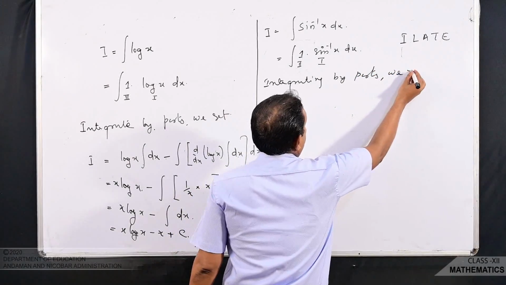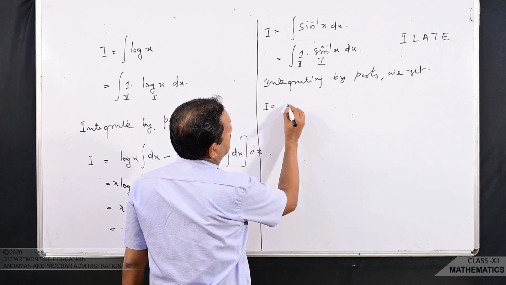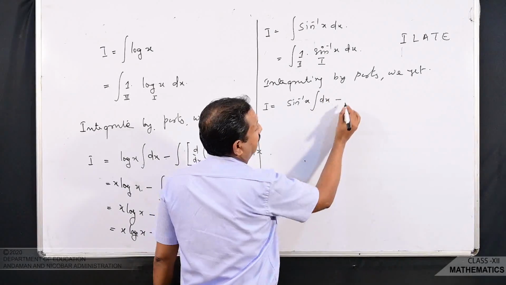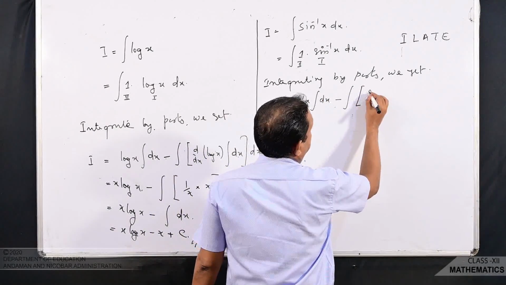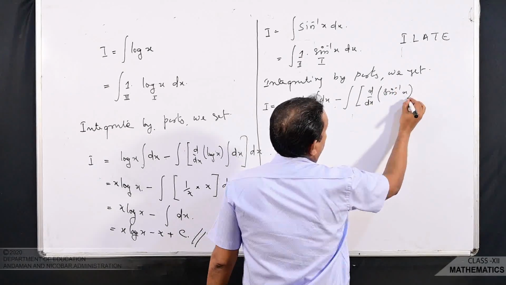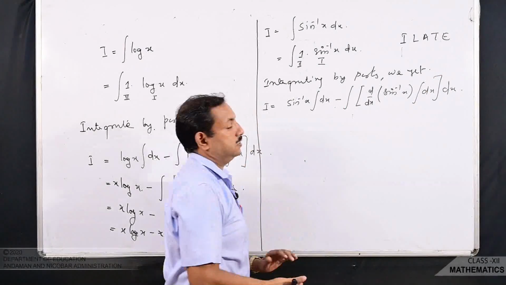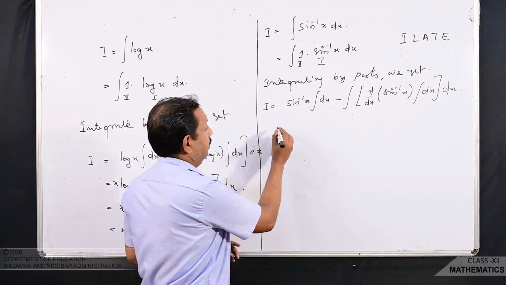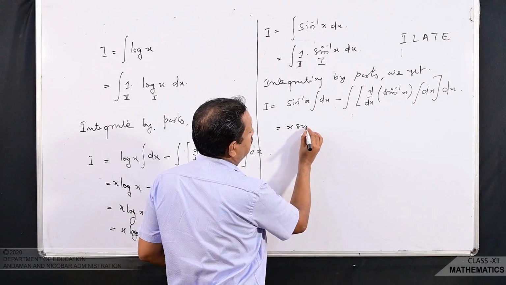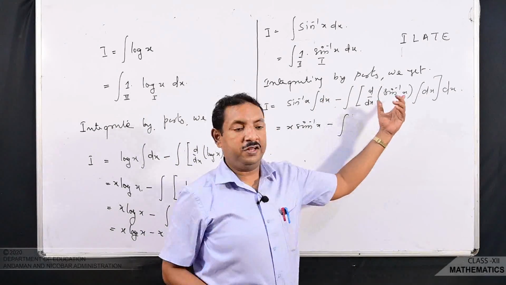What will we get? The first function, sine inverse of x, times the integration of dx, minus the integration of the derivative of the first function, sine inverse x, times the integration of dx, with dx here. Now this is sine inverse x and the integration of dx, which means x sine inverse of x will be here, minus the integration of the derivative of sine inverse x.